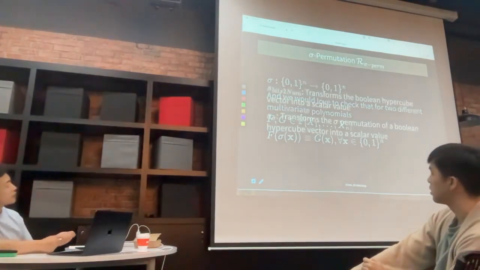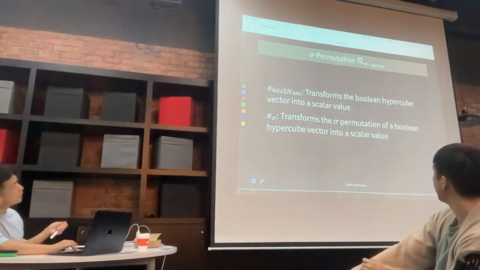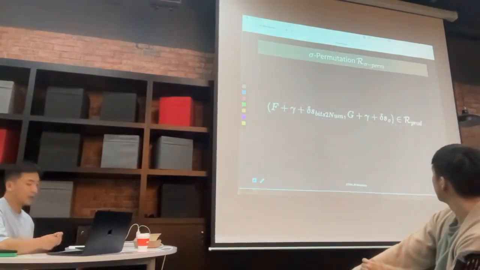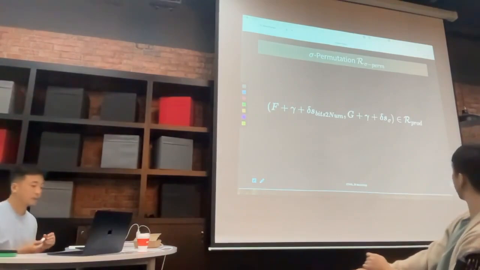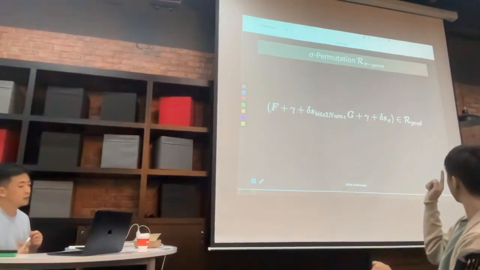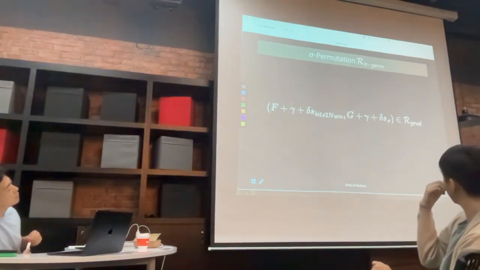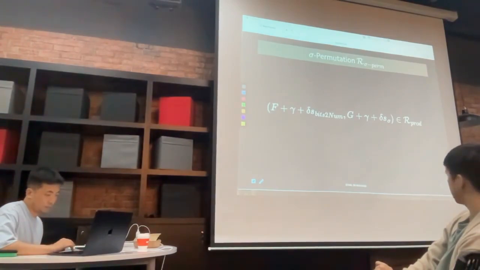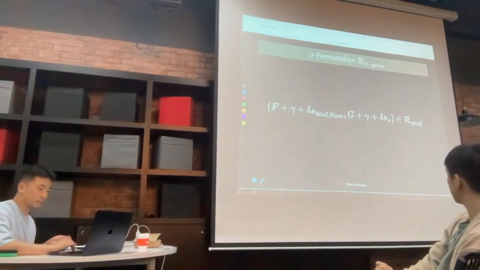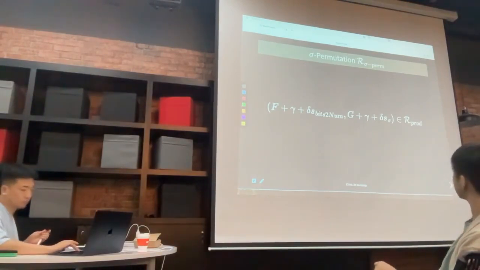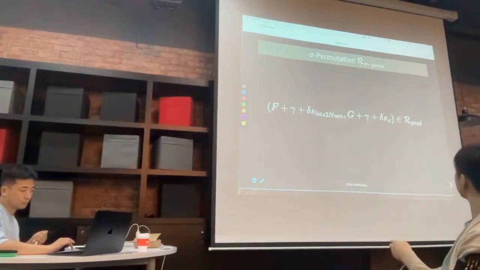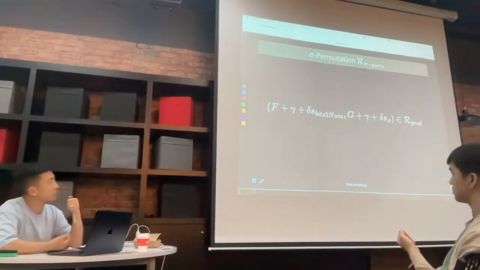And in more detail, we are adding some random values there to make sure that the sigma permutation works correctly.